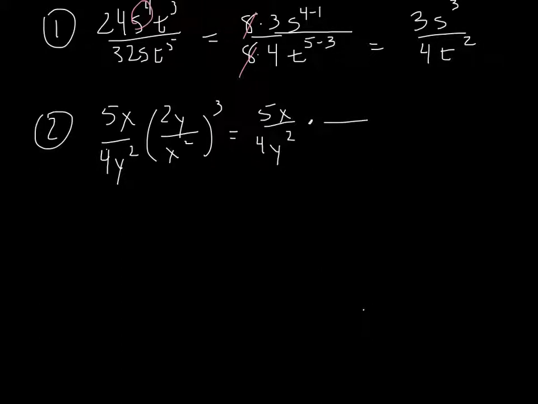I'm going to try to do these in as much detail as possible. So that's 2 cubed, y cubed, x squared cubed. Okay, power outside of parentheses, we distribute the power, and then we'll deal with the bottom here. Won't change anything.